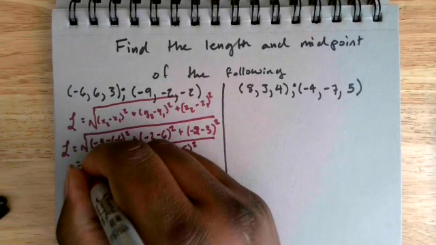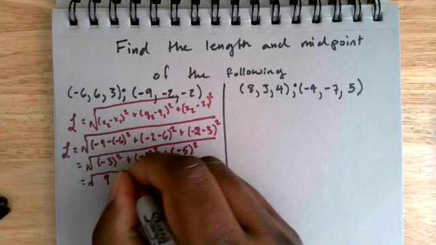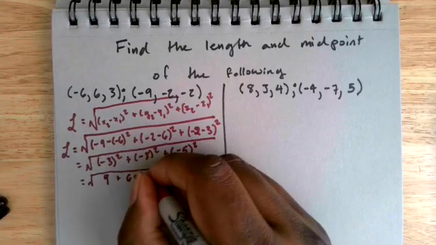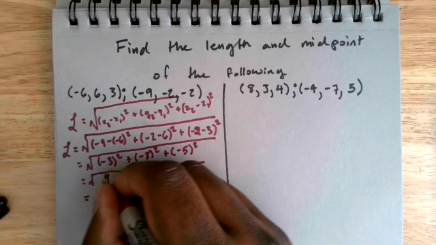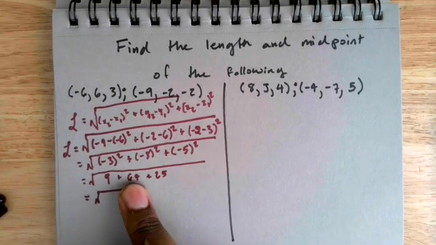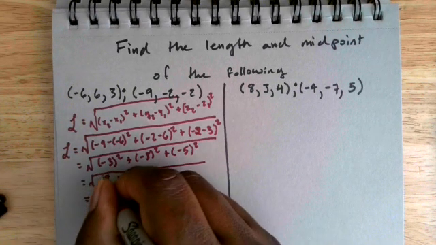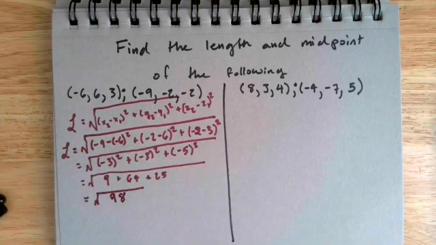Which gives us a square root of 9 plus 64 plus 1, which length then is going to be the square root of 74.